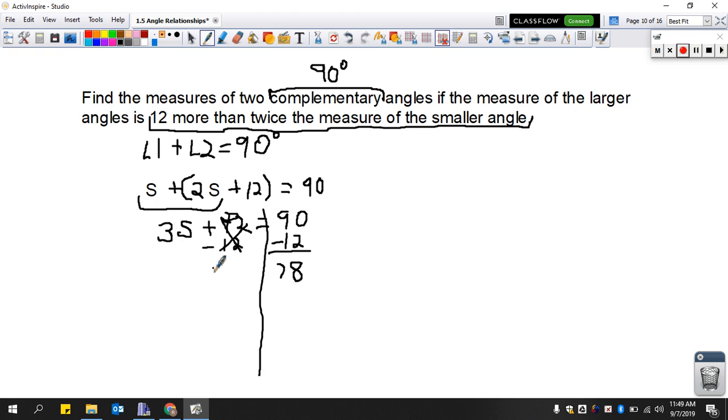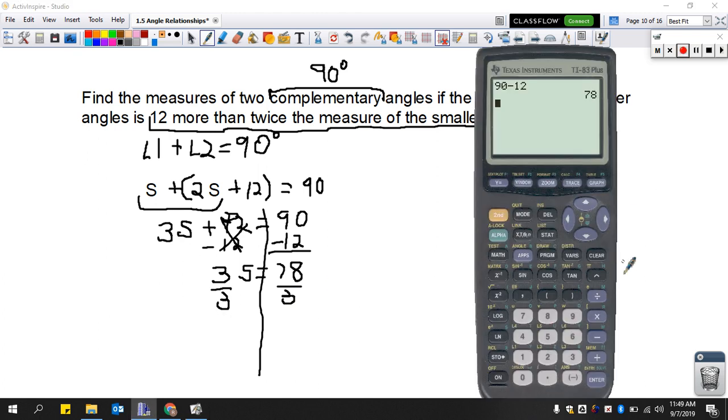And so we have 3S is equal to 78. We're going to divide by 3. And we can see that 78 divided by 3 is 26.